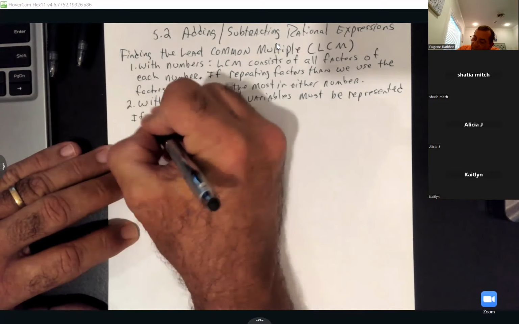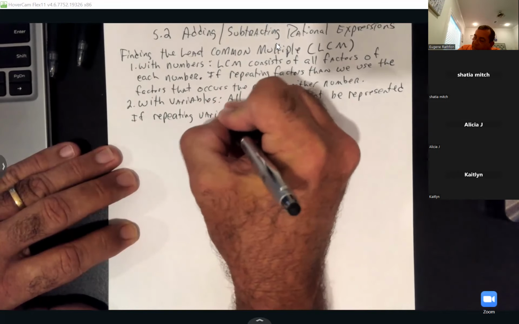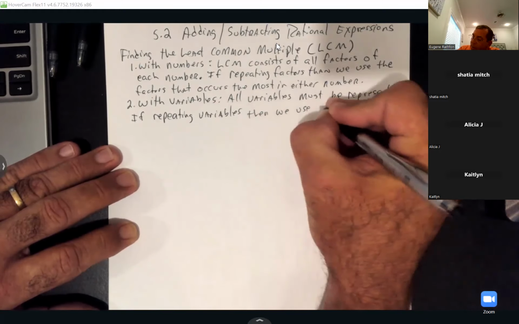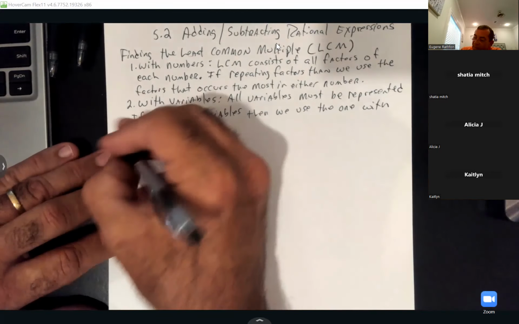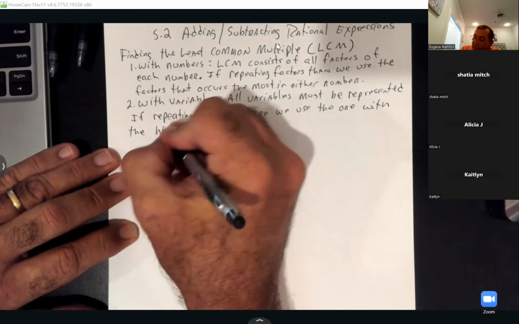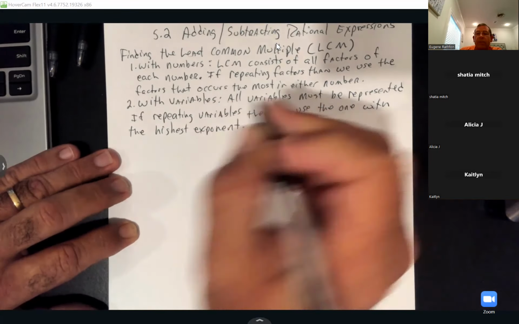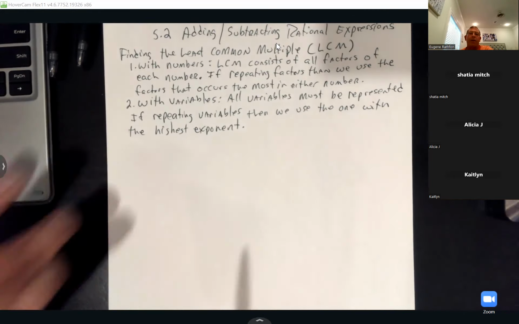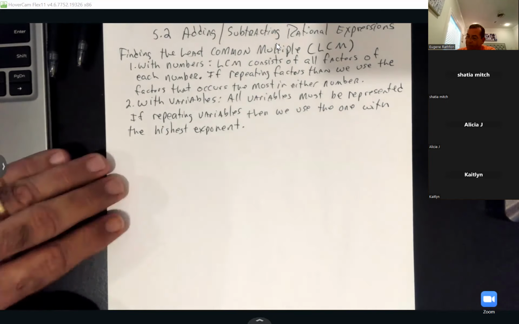Now, if repeating variables, then we use the one with the highest exponent. So what I mean there, y'all, if you got an x to the 5 in one denominator and an x to the third, their least common multiple has to have the x to the 5 because it happens the most. It's got the highest exponent.